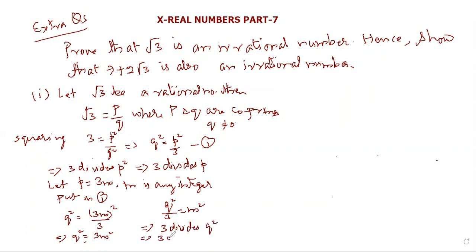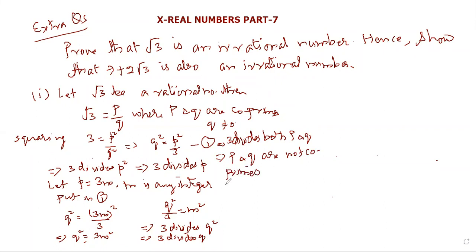That means 3 also divides Q. Therefore 3 divides both P and Q, which shows that P and Q are not co-primes, which is a contradiction.